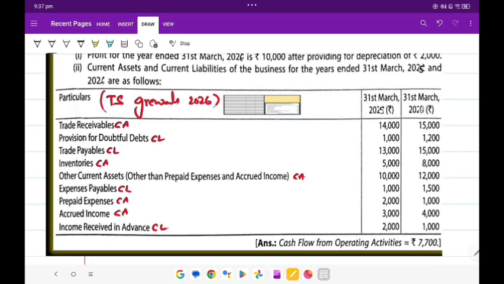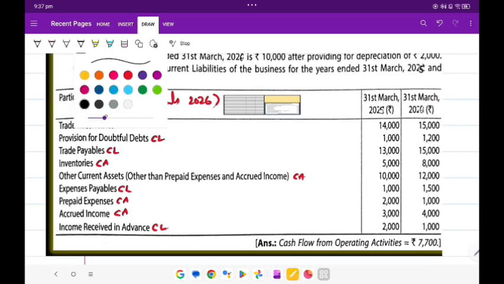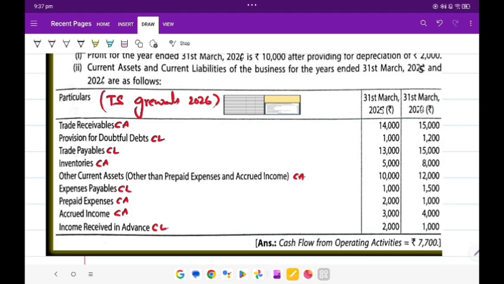Now you identify whether each is an increase or decrease. Trade receivable in 2025 and 2026, you check. Last year it is 14,000, now it is 15,000, means it is increased. Provision for doubtful debts, last year 1,000, now 1,200, increased. Trade payable 13,000 became 15,000, increased.